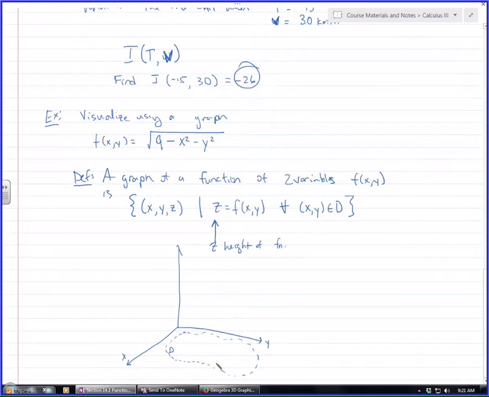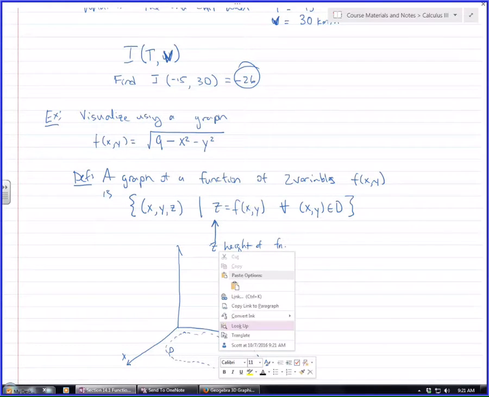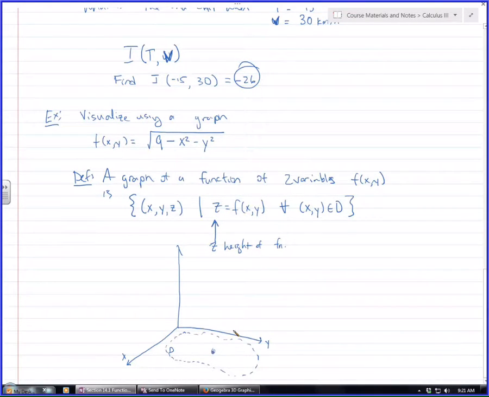Now for every point inside here, you're going to have a set of coordinates, x comma y. Here's the x, and that's the y for that point. If I plug that point into my function, like I did up here for the index, I get a number out of it.